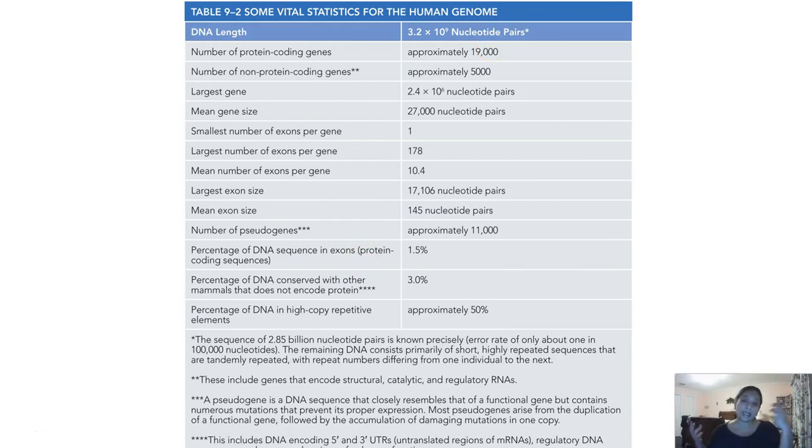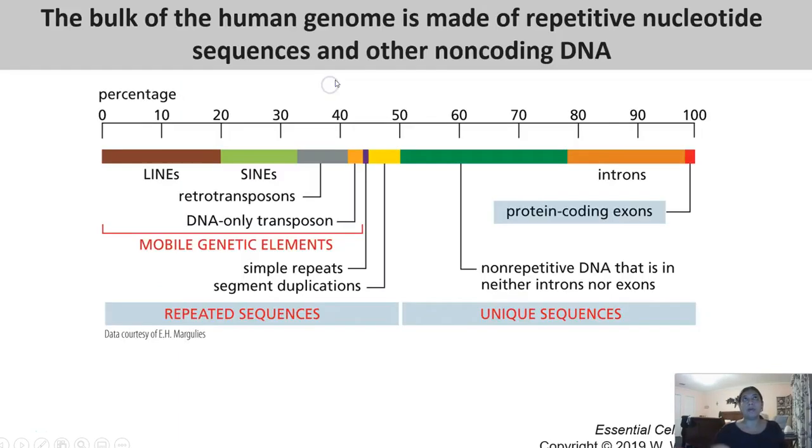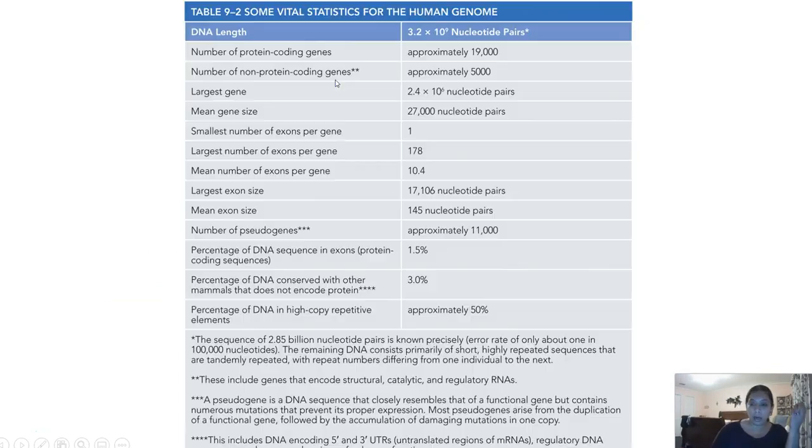This gives you some statistics about how much of those 3 billion nucleotide pairs actually contains what we consider, quote-unquote, useful information. Those 3 billion nucleotide pairs contain about 19,000 genes. They also contain 5,000 other genes that are non-protein coding, so they may be coding for microRNA or ribosomal RNA or other important sequences.